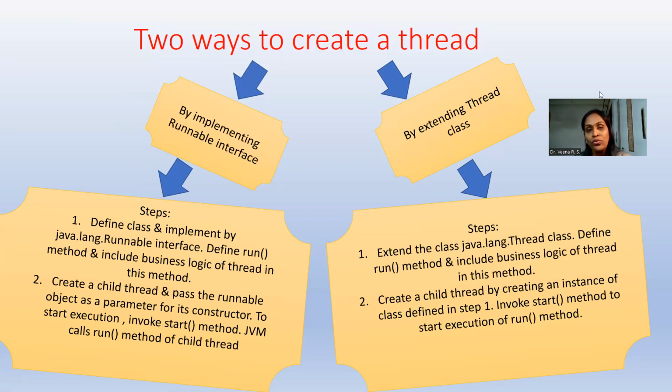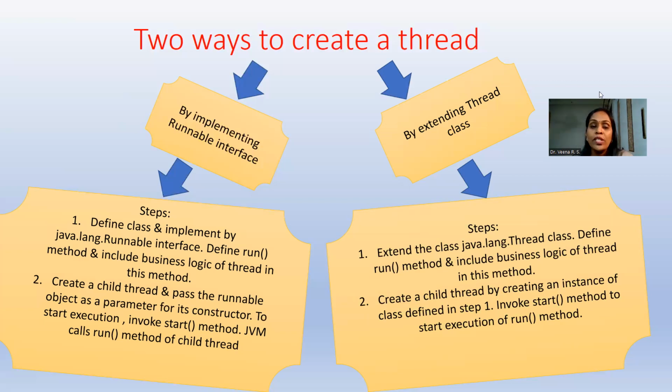So there are two ways to create a thread, one by implementing the runnable interface, and one by extending the thread class. The difference between these is that if you are using the runnable interface, you cannot create an object of the runnable interface because it's an interface. An interface cannot be instantiated.